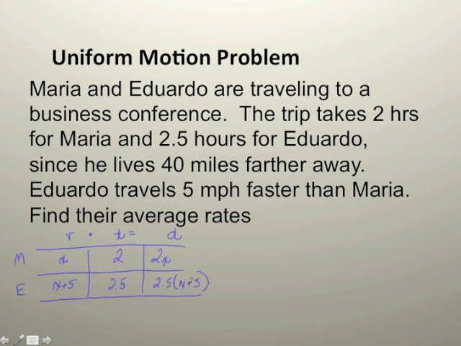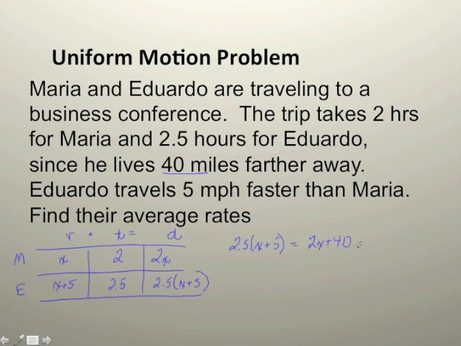Now that's their distance, and what else do we know about their distance? We know Eduardo lives 40 miles farther away. So Eduardo's distance, that 2.5 times x plus 5, must equal Maria's distance plus 40.